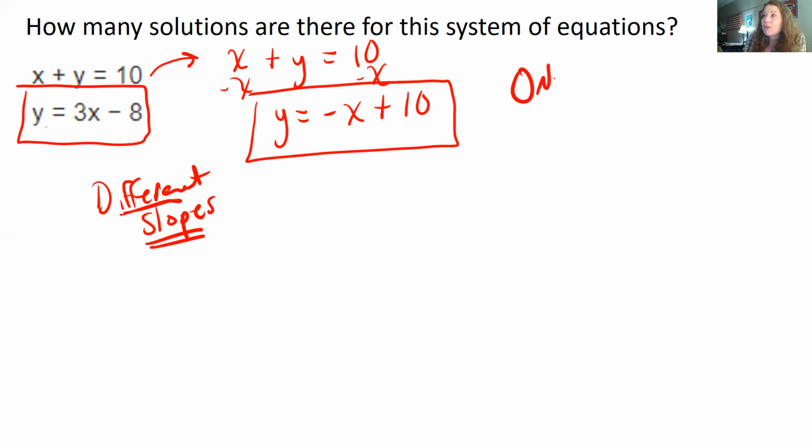And how do I know it's only one solution? Because with parallel lines, they have to have the same slope, right? And an infinite number of solutions, they do have the same slope, even if they look like different numbers.